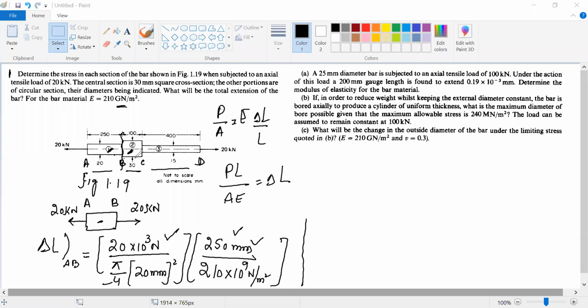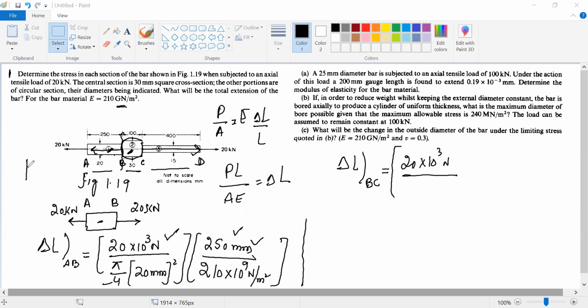Now you go to the section BC. Change in length of the section BC, again using the same formula. If you look at the section BC, it's again in equilibrium. On one side it is subjected to a load of 20 kilonewton, and on the other side it's subject to a load of 20 kilonewton. So total load acting on it is 20 kilonewton, that is 20 into 10 raised power 3 Newton, divided by area of cross section.